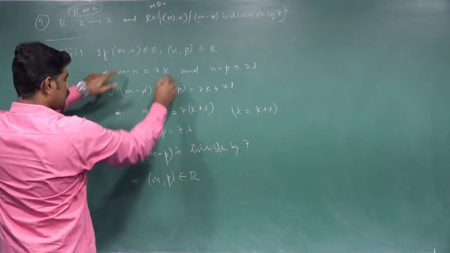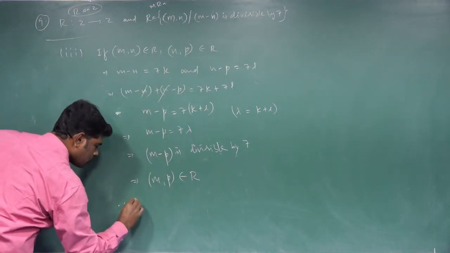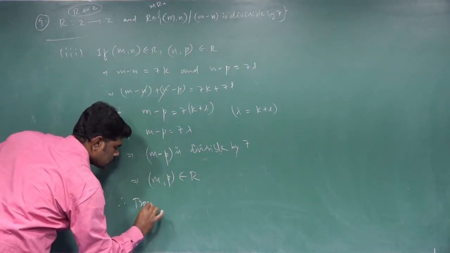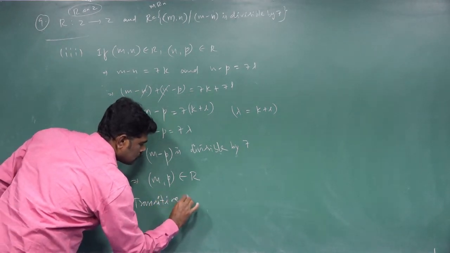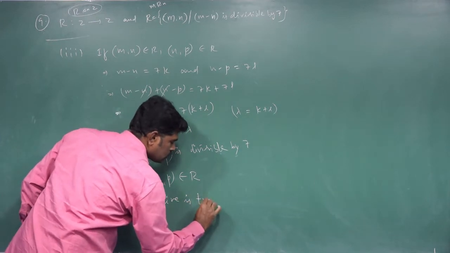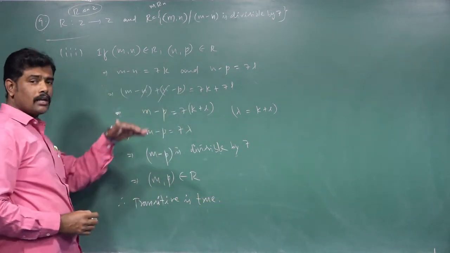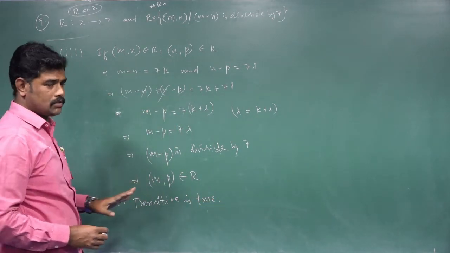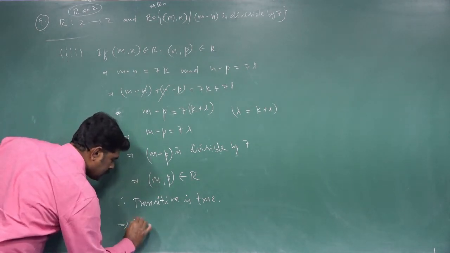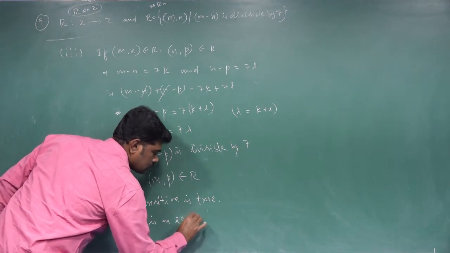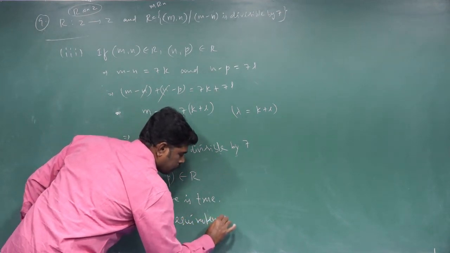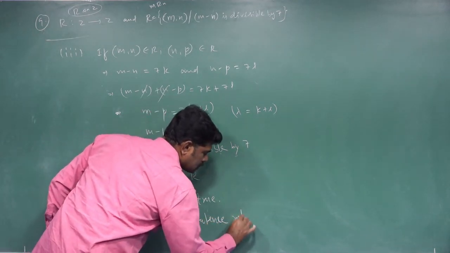Remaining it is M comma P, that also belongs to R. Therefore, transitive is true. Now all three properties are satisfied. Therefore, it is an equivalence relation.